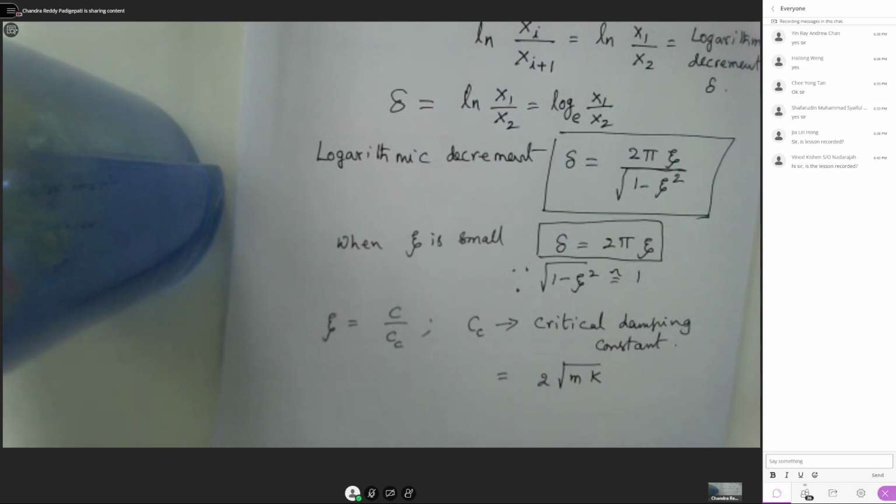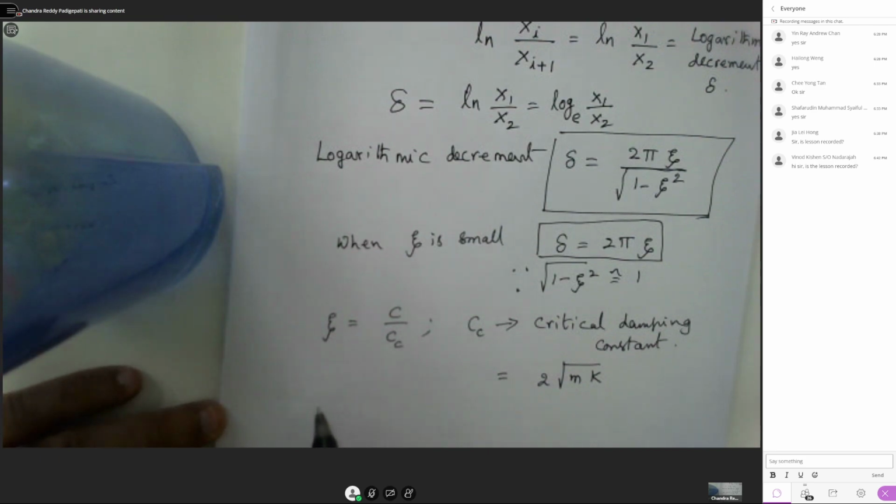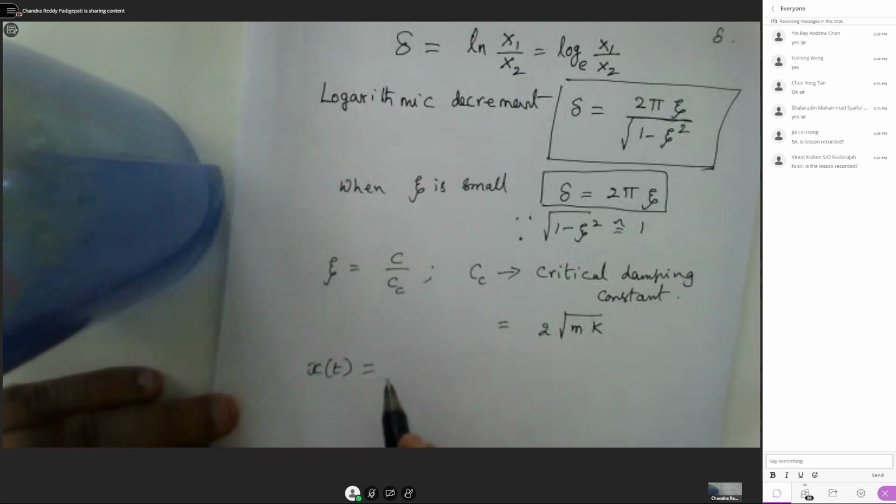All right. So for damped free vibration, I just write the response x as a function of time t. So we can write the response x(t) as X, I'm just rewriting, e to the power minus eta omega n t, sine of omega d t, the damped frequency, plus phi.